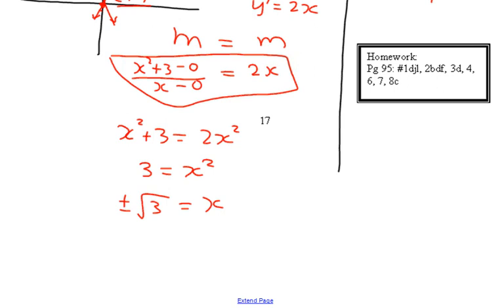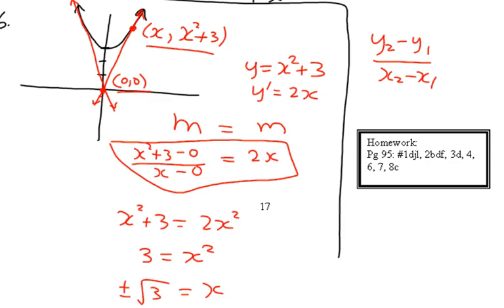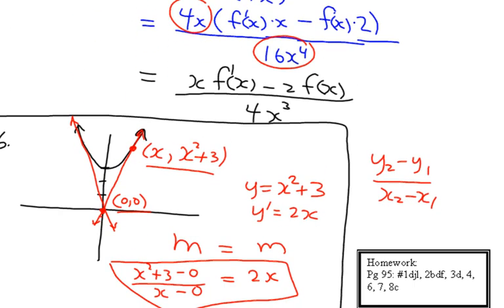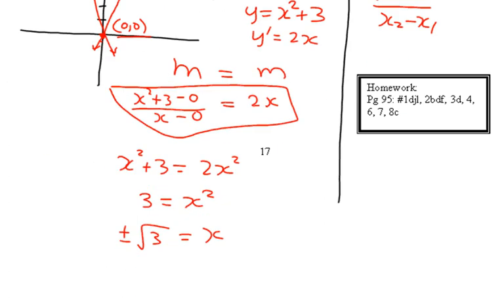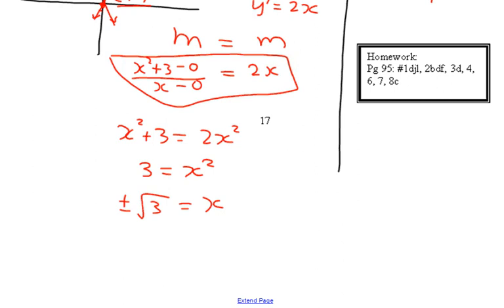Good for you. And there are two possible tangents. One over here, and this one will have the negative x coordinate. So we do have two possible solutions. One of them is at root 3 comma something, and the other one is at negative root 3 comma something.